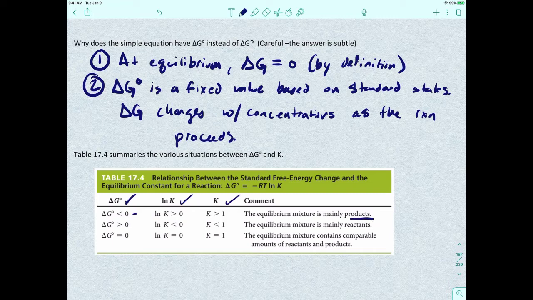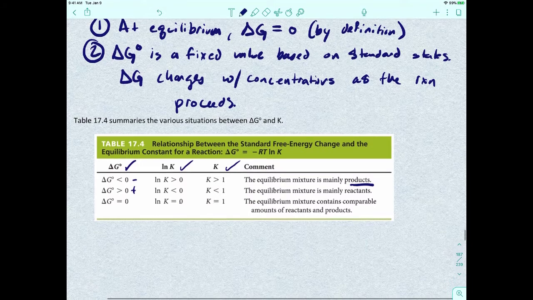If delta G is positive, the natural log of K is going to be less than 0. K is going to be less than 1, which means that the reaction is going to favor reactants. And if delta G standard state is 0, that means K is going to be equal to 1, and that means you're going to have equal amounts of reactants and products.